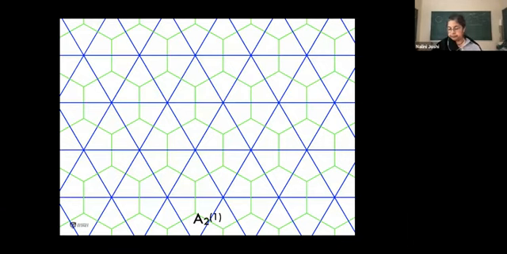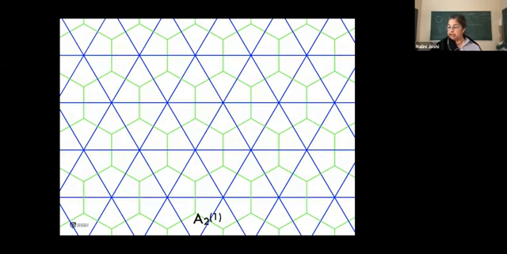So the idea is that what I want to do next is to describe dynamics on this lattice. What do I mean by dynamics? What I mean is that I want to be able to walk on this space to go from one triangle, a point inside a triangle, to a commensurate point in an adjacent triangle of the same kind.